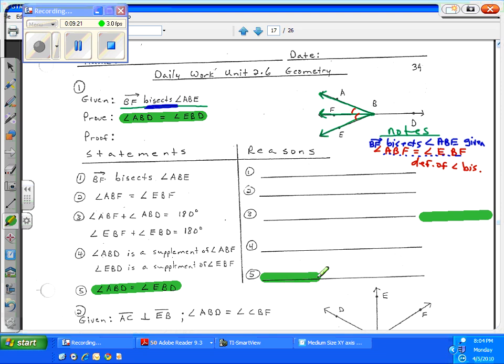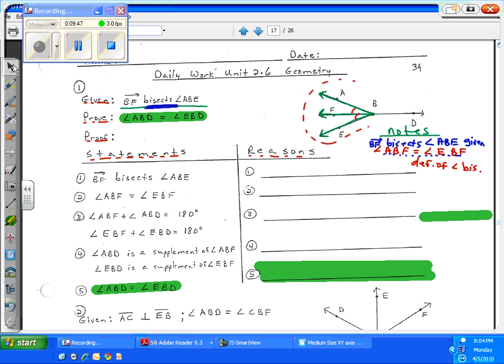And the entire proof is really about trying to make the reason we choose for proving that come true. Okay? And so here's what we would do if we were doing this proof by ourselves. We would write the given, prove, put the statements on the left and the reasons on the right, and draw the diagram.